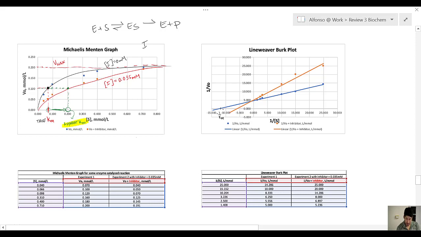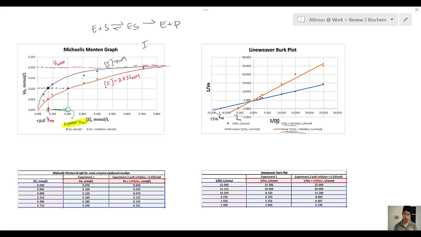Alright, same thing with Lineweaver-Burk plots. The first thing you do is you look for your -1 over Km. So this is your true -1 over Km, and under the presence of an inhibitor, look at what happened to the -1 over Km. It shifted to the right.